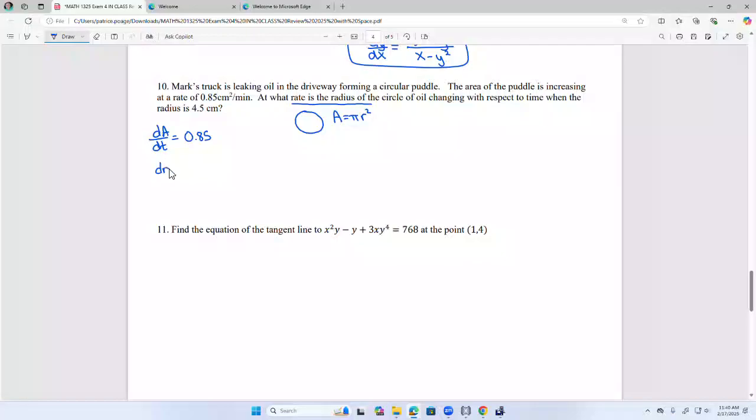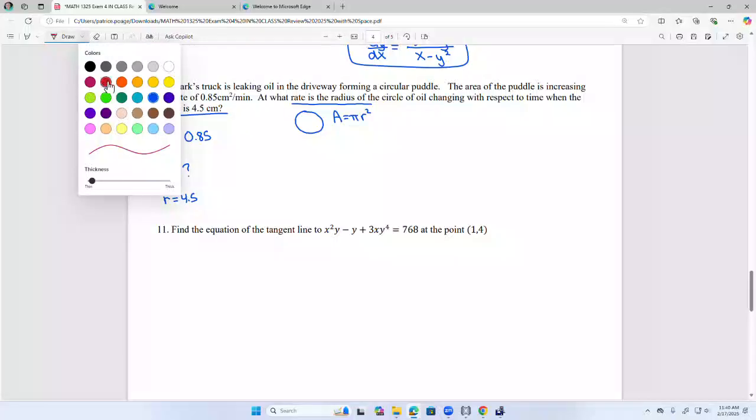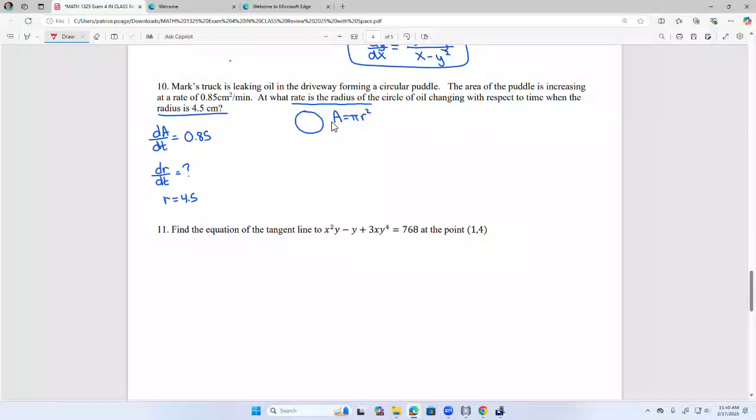So I'm looking for the derivative of the radius with respect to time, when the radius is 4.5, when r is 4.5. So I'm going to take the derivative of this equation, derivative of every variable with respect to time. The derivative of A is 1, and I just took the derivative of A with respect to time.